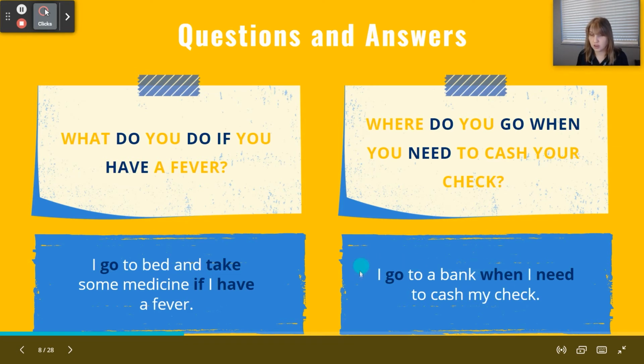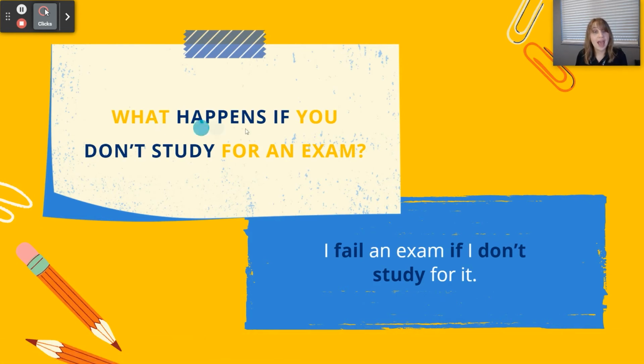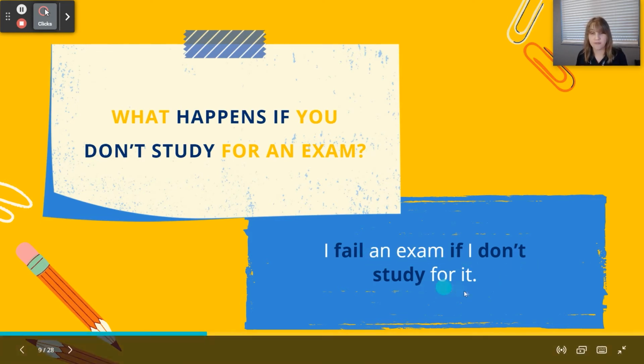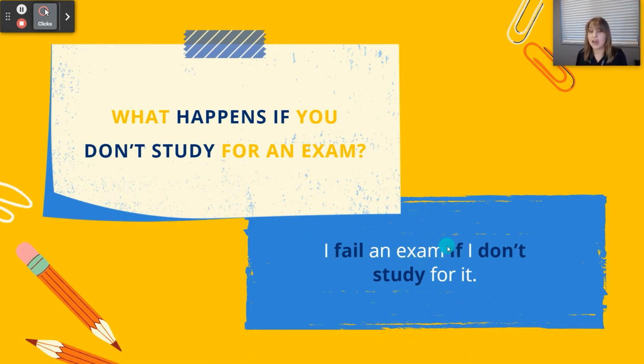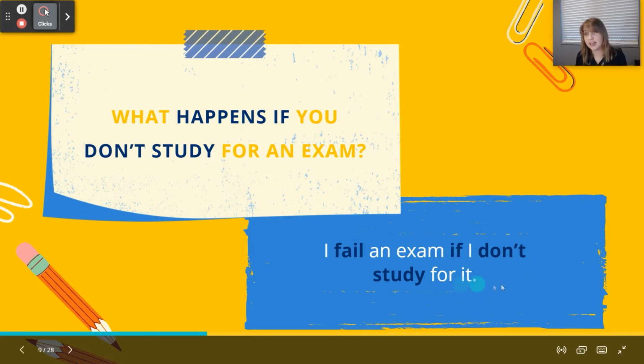The result, I go to a bank. And the condition, when I need to cash my check. What happens if you don't study for an exam? I fail an exam if I don't study for it. Again, the result, I fail an exam, and the condition, if I don't study for it.